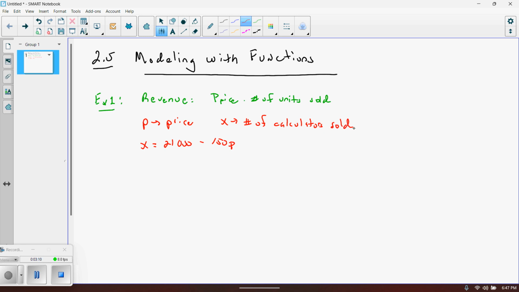So we're talking about the price of calculators and the number of calculators sold.